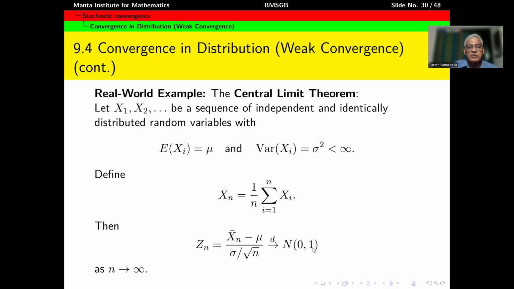So that's what this notation says. The sequence of Zn converges to a standard normal distribution in distribution. So you can also say Zn converges to some Z where the distribution of Z is standard normal, as n goes to infinity. So that's what the theorem is. It's a limit theorem. The limit we look at is when the sample size goes to infinity.